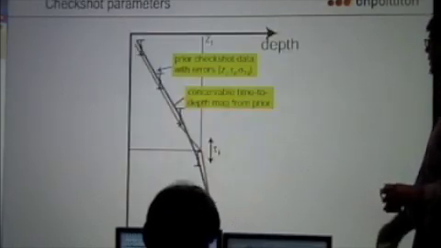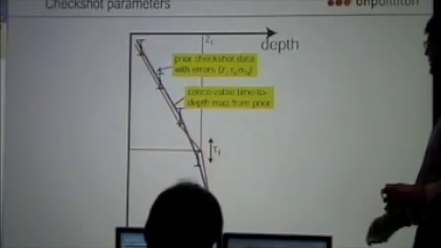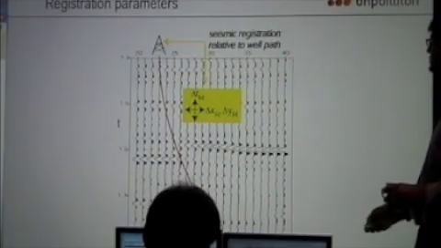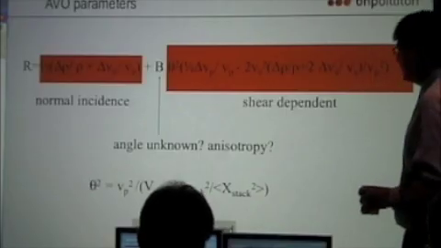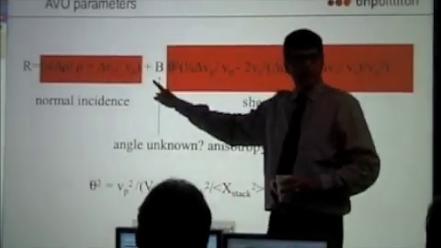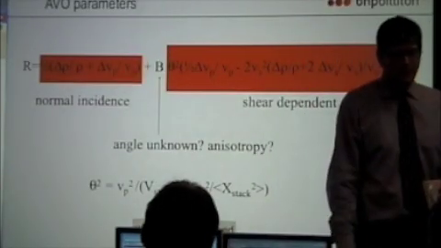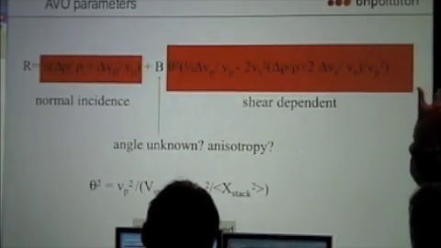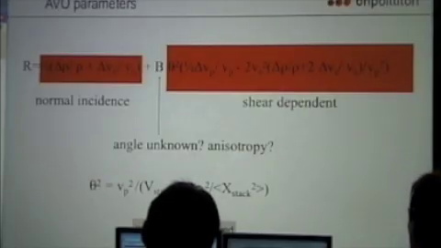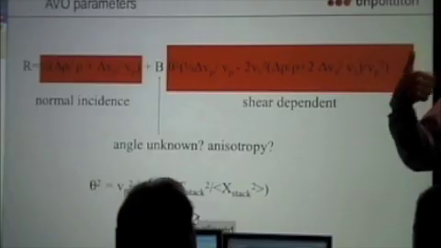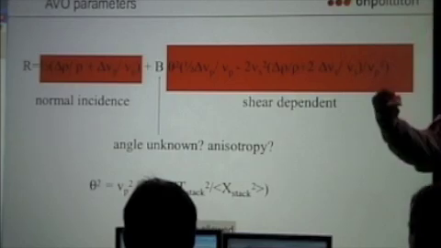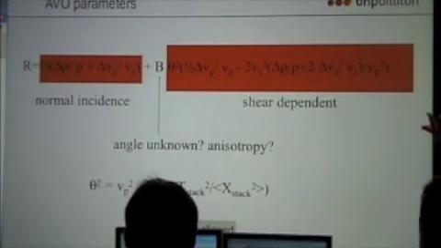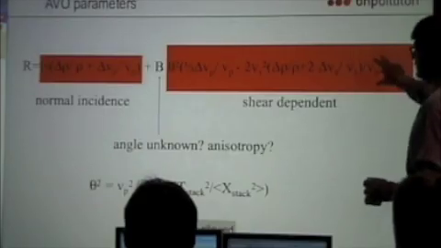I talked about estimating wavelet parameters and the check shot parameters. We have this registration problem. And lo and behold, we also estimate one other thing that's needed, which is B. Remember that in order to normalize our observed AVO to be equivalent to the model, we need the size of the near wavelet, the size of the far wavelet, and B. All three of those come out of this process.